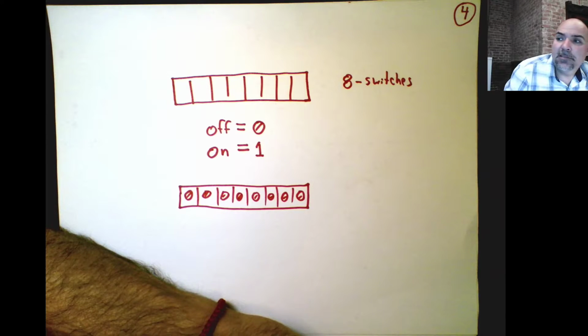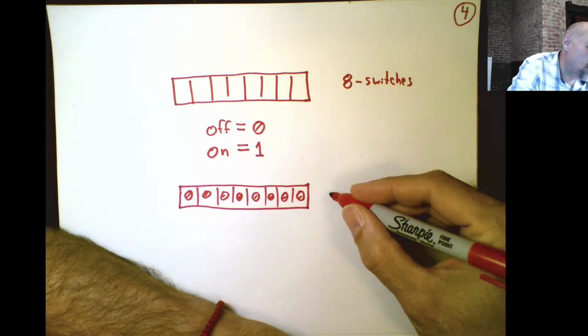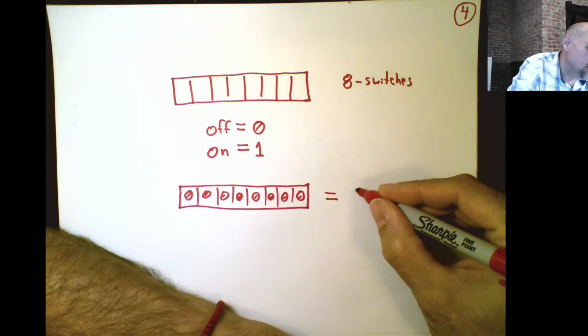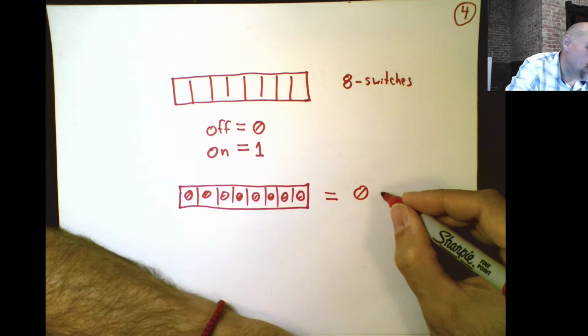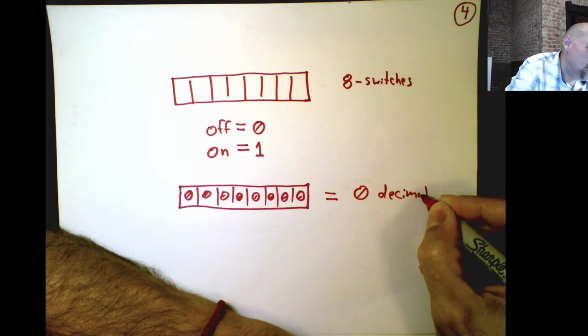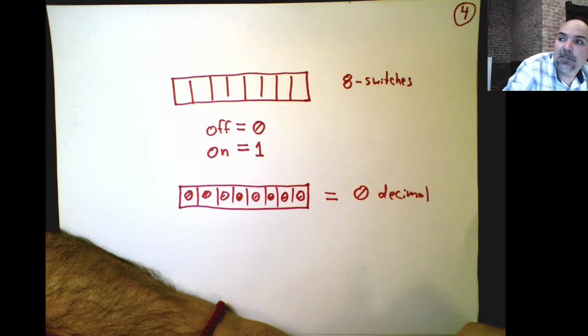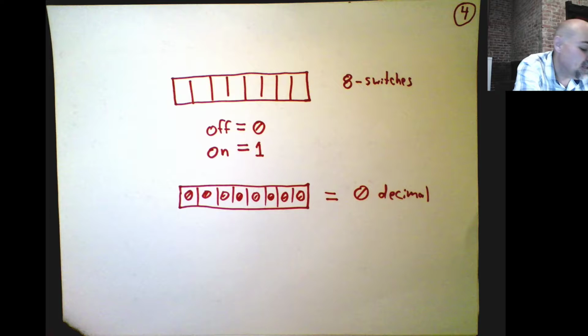So there's my 8 zeros. So all 8 zeros here, we would say that represents the number 0 in decimal. And decimal just means base 10 number system, the number system you're used to using for a lot of the things you do in your daily life.